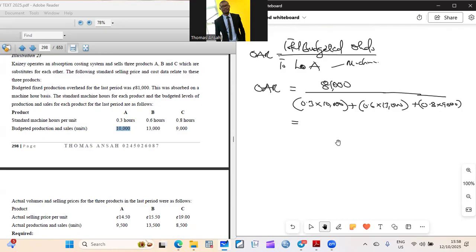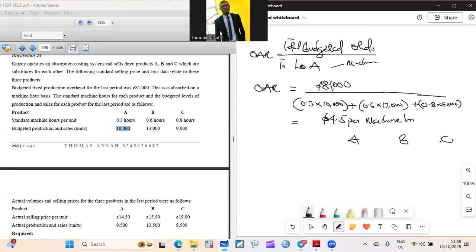So your standard margin should be absorption profit. You will start with A, which is 4.5. So 4.5 per what? Per machine hour.